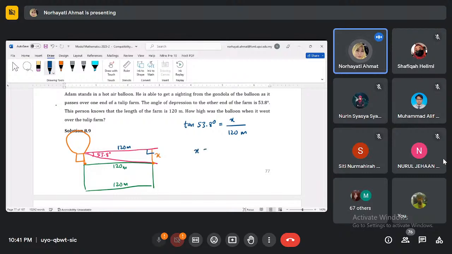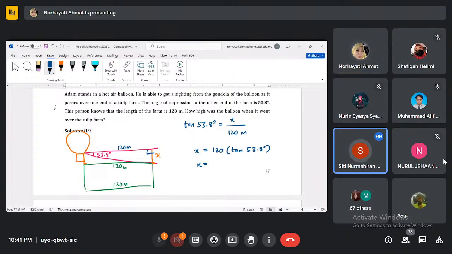Alright, so x is equal to 120 times tangent 53.8 degree. Now you get 163.96 meter.